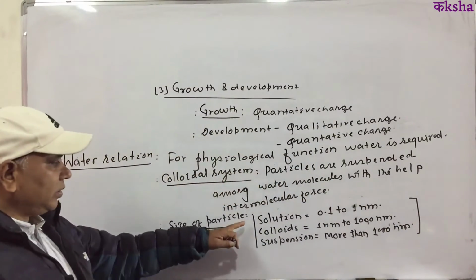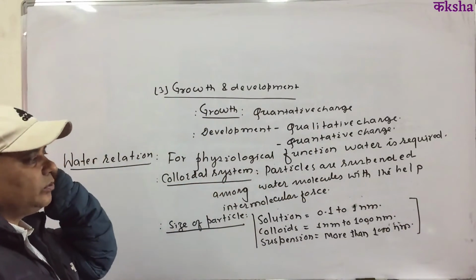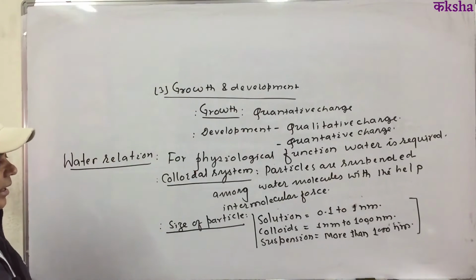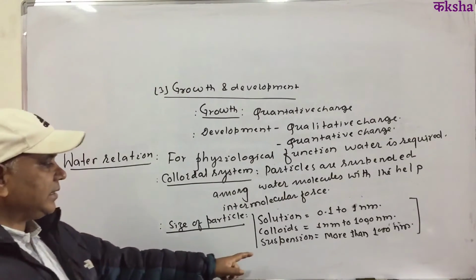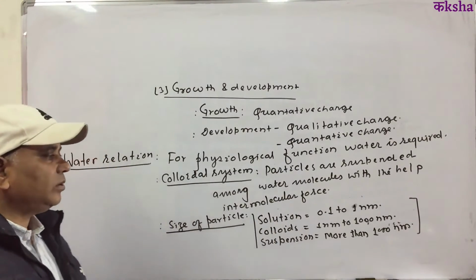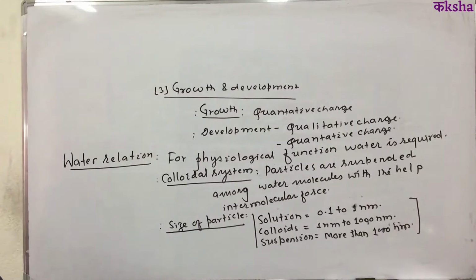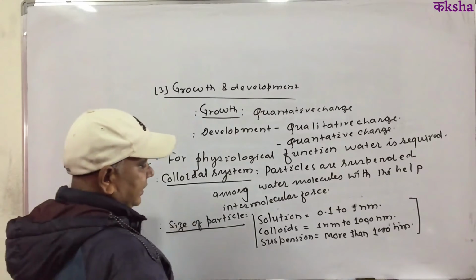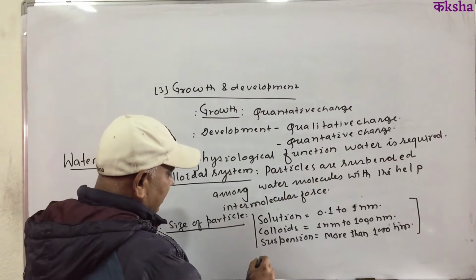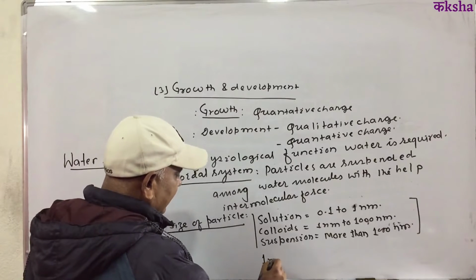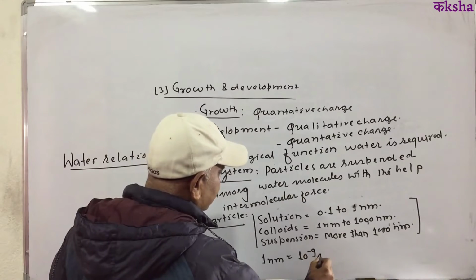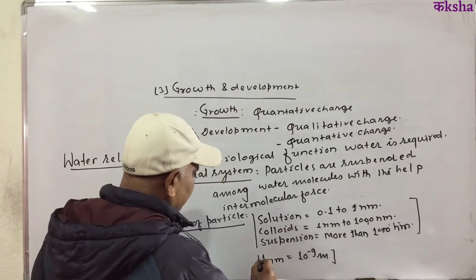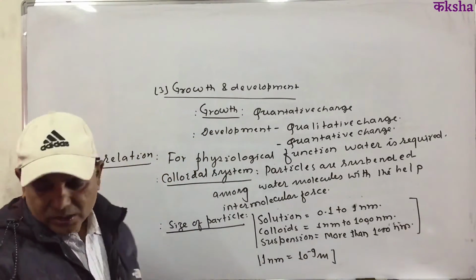There is solution 0.1 to 1 nm, colloids 1 nm to 1000 nm, and suspension more than 1000 nm. So 1 nm equals 10 to the power minus 9 meter, also you have to know.